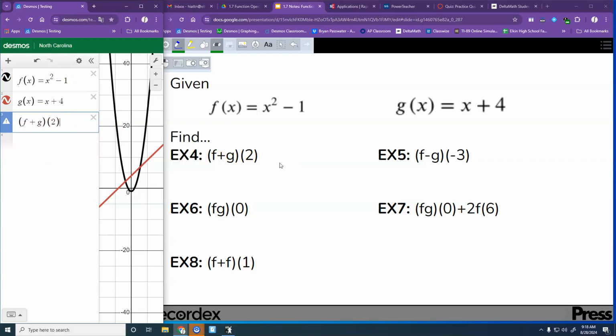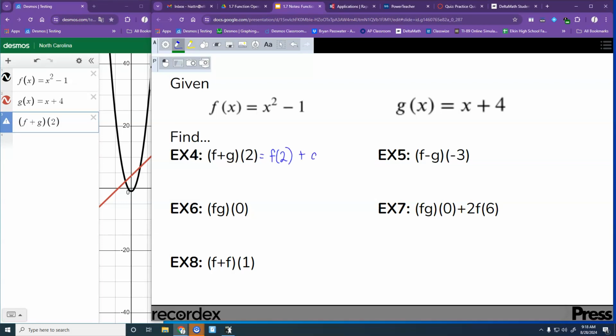The reason is because this is using a different kind of notation. Desmos does not like that notation. Okay? So we have to change it back to some notation that Desmos can take. This is the same thing as doing f of 2 plus g of 2. It's kind of like that 2 sort of gets distributed to both of those.